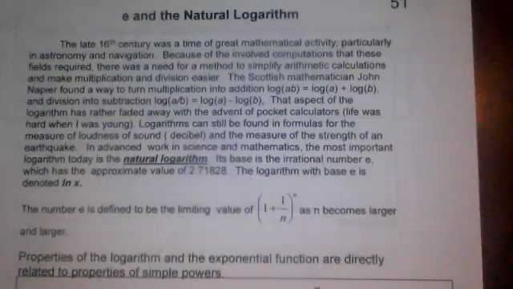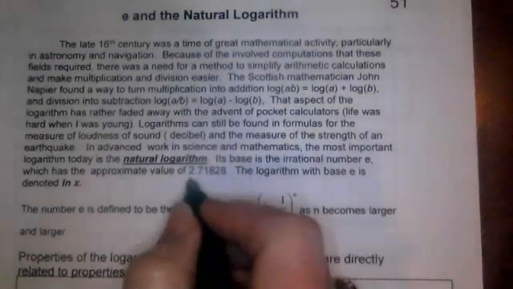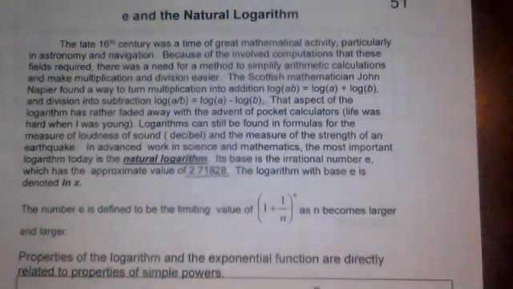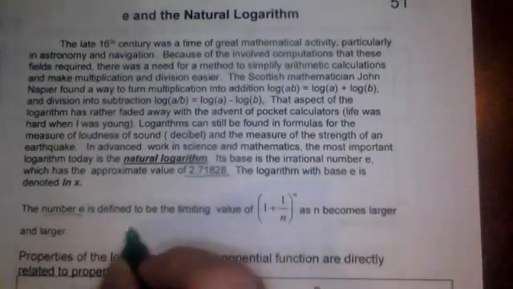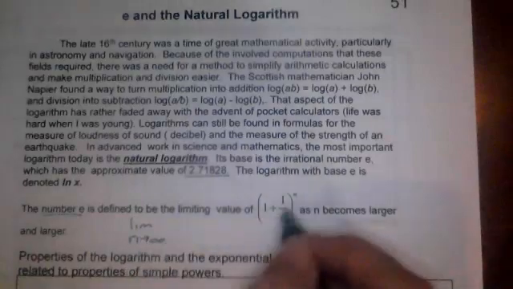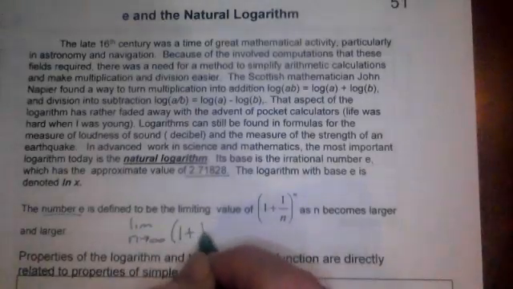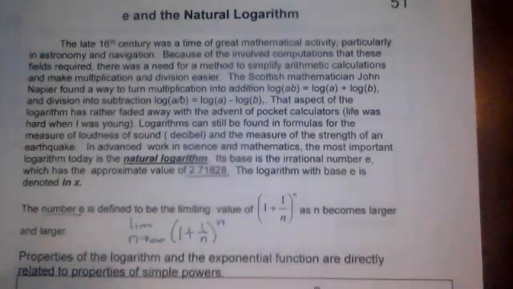And so they do talk about here what the value of e is, which we have mentioned before, but we didn't ever mention where it came from because you couldn't understand because you didn't know any calculus. But the actual number e is defined by taking the limit as n approaches infinity of 1 plus 1 over n to the nth power.